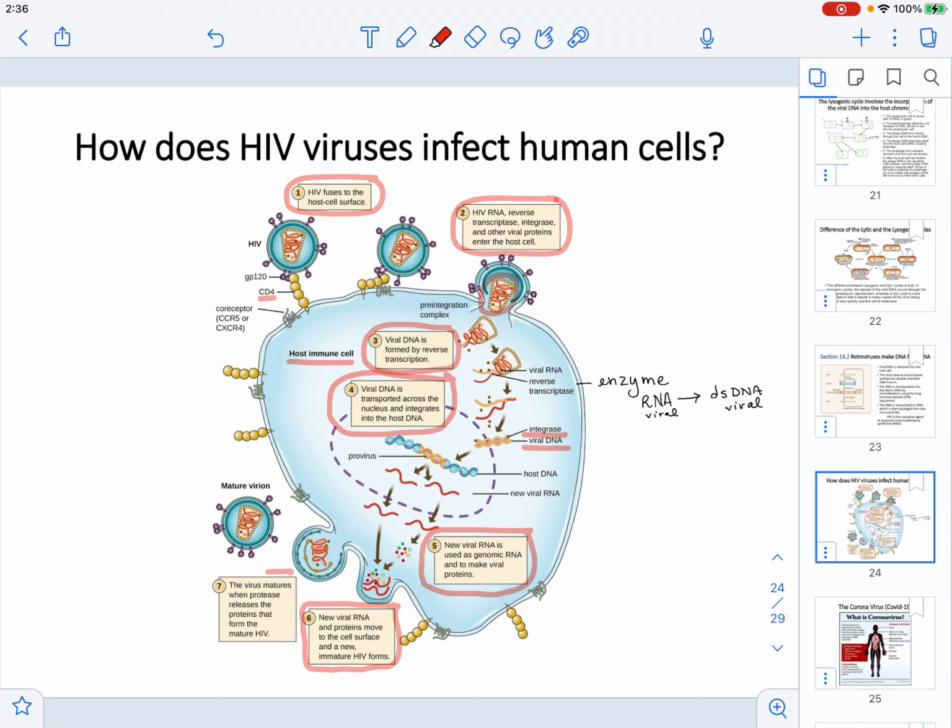And lastly, the final step in the life cycle of HIV, the virus matures when proteases release the proteins that form the mature HIV. As you can see, it creates a mature virus particle, or virion.